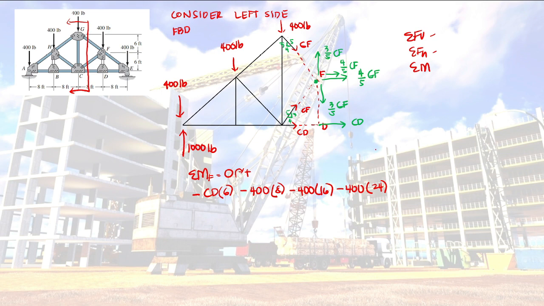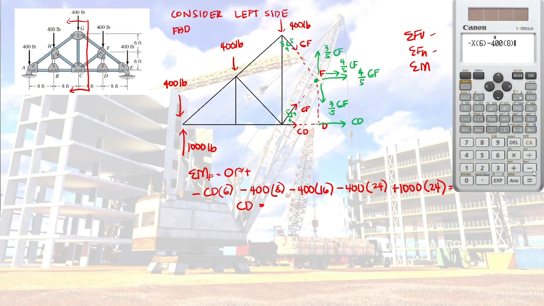Then we have yung 1,000. So 1,000, our rotation here would become clockwise, so positive po. Positive 1,000 times 24. So this is equal to 0. Masosolve ko na agad yung CD, which is equal to what? Okay, so ang CD natin, it is positive 800 pounds.